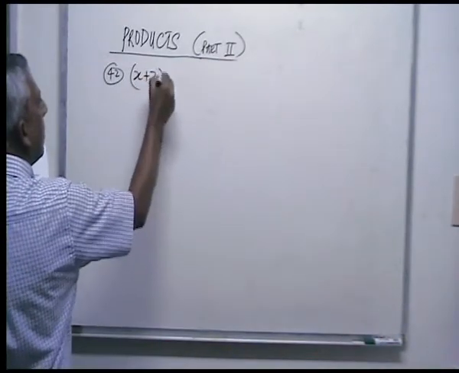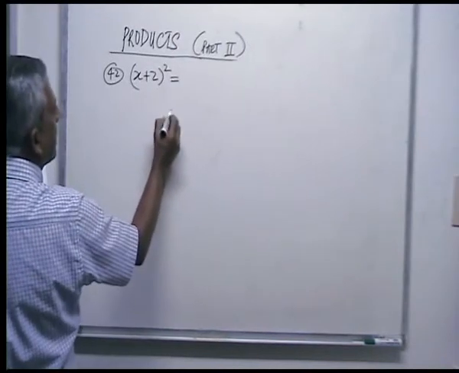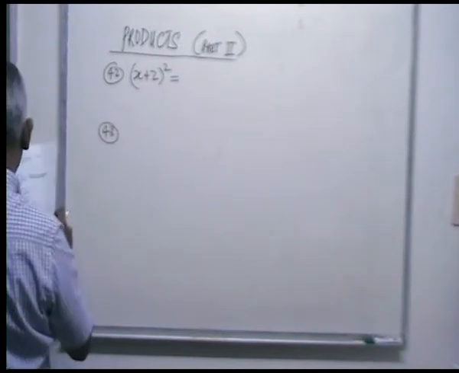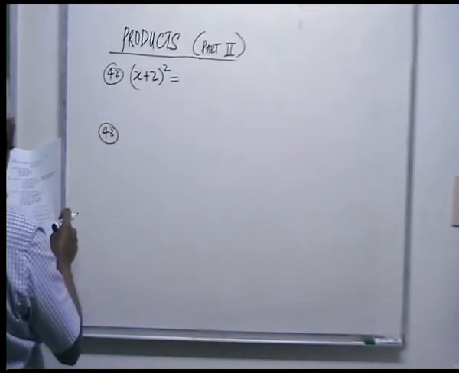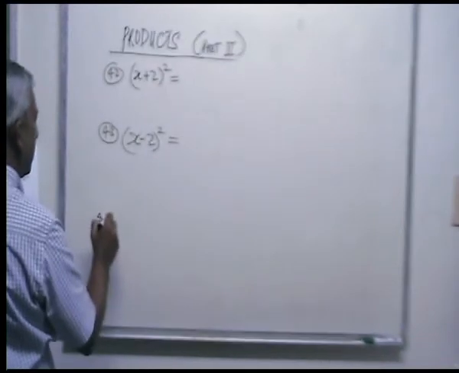2x plus 2 all squared. And I'll just leave some space for the answer there. Then we're going to do number 43. 43 is x minus 2 all squared. Let me leave some space for an answer there.